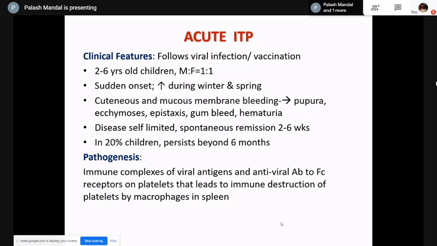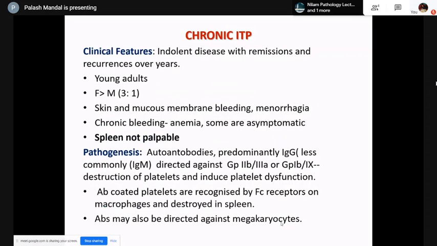Am I clear? The complex of viral antigen and viral antibody comes as a ball and attacks the platelets and leads to immune destruction. Whereas in chronic ITP, the antibodies are directed against the platelets' own antigens, that is GP2B or 3A or GP1B and 9.